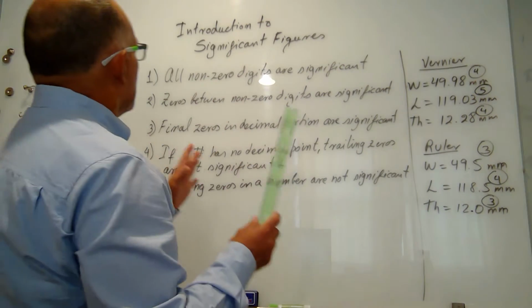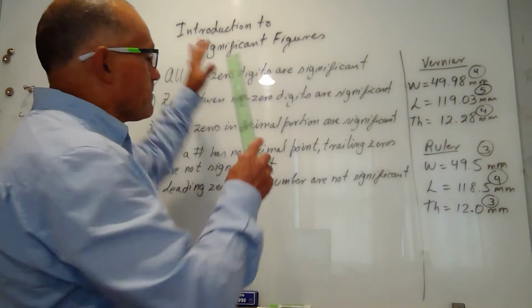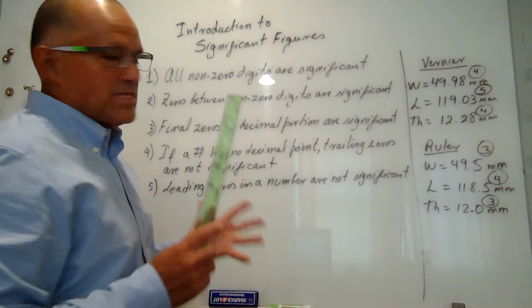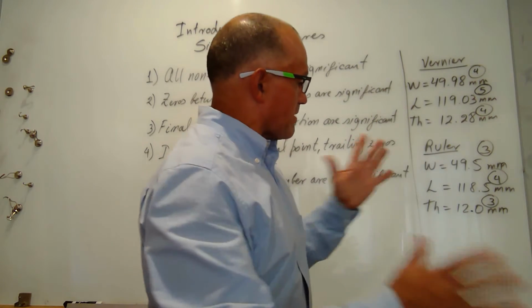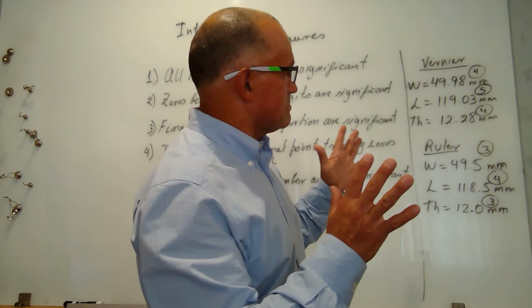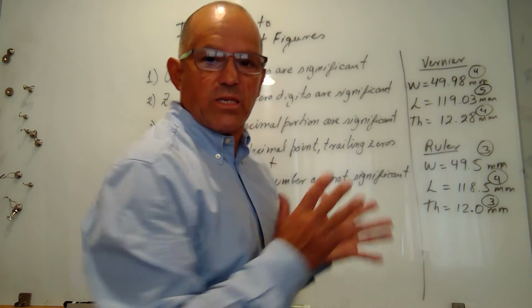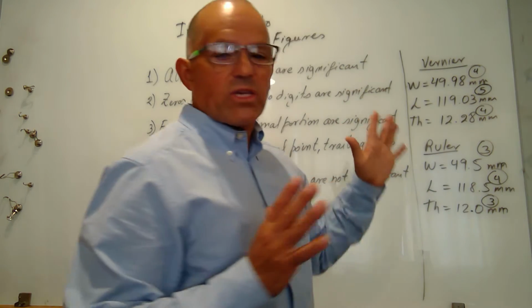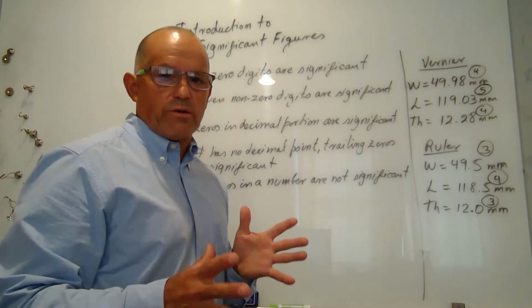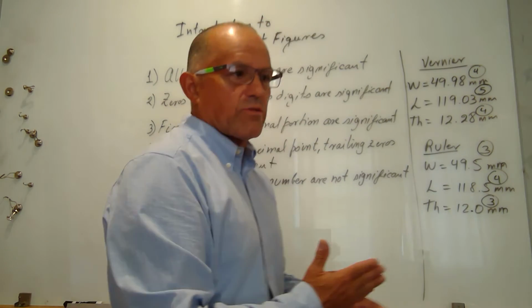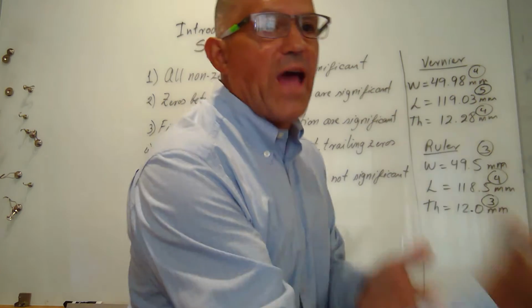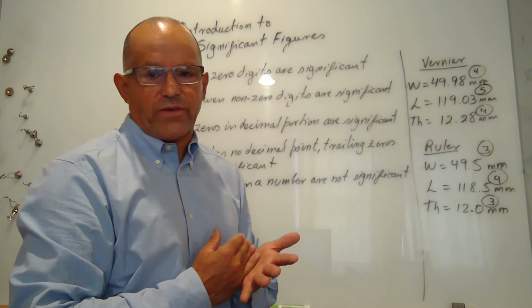Now I'm going to give some rules on how to determine the number of significant figures, because these numbers are pretty easy to read, but there are some numbers where the zeros make a big difference. The zeros can be counted as significant figures, or the zeros cannot be counted as significant figures.